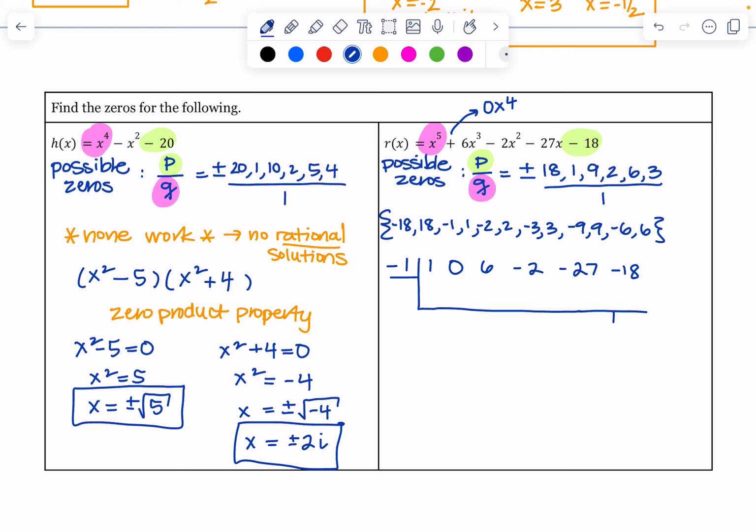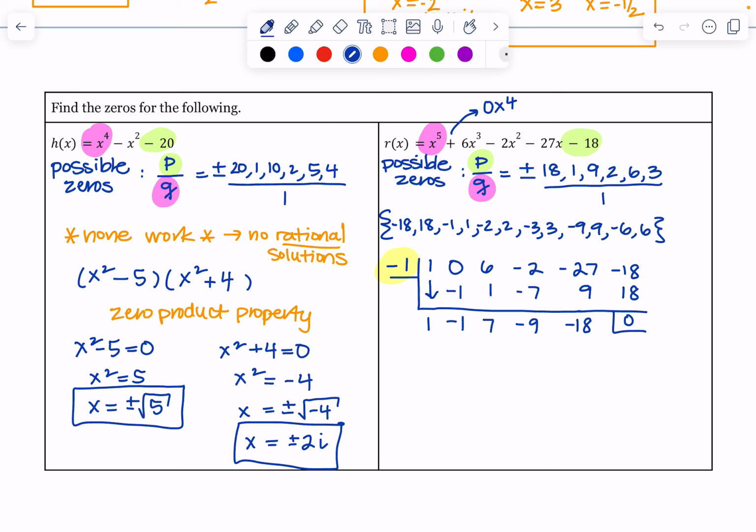I cheated and told you that this one will give us a 0, and then let's just make sure. So bring down the 1, and I get negative 1 when I multiply and add, multiply and add, multiply and add, multiply and add, multiply and add. Okay, I'm going to highlight that 0 so I don't forget about it, but that one does work.